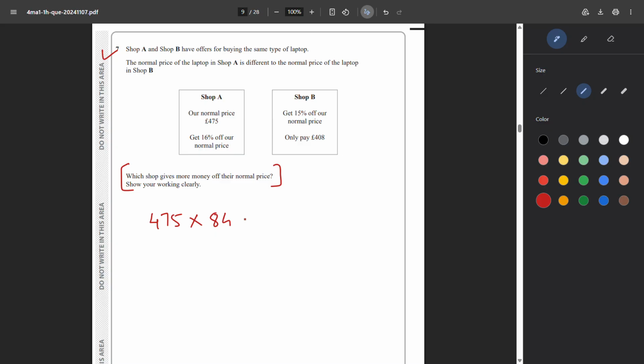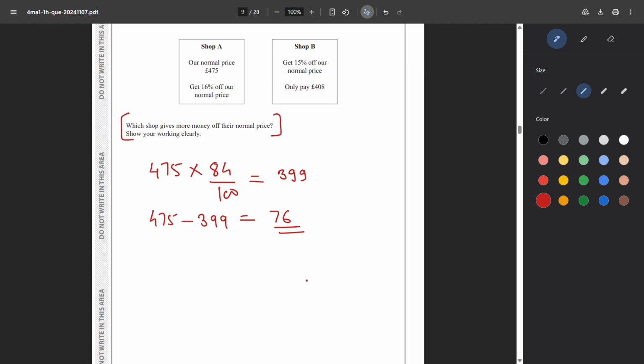So what I'm finding is 84% of 475, that is 475 divided by 100 into 84, or into 0.84, so we'll get 399, right? So 475 is the actual price, and if I subtract this, we'll get 76. So 76 euro they are giving off to get a laptop in shop A, right?